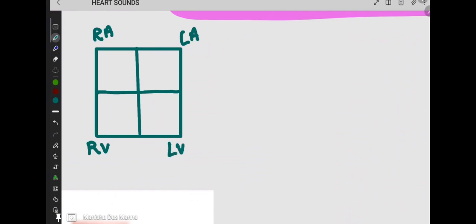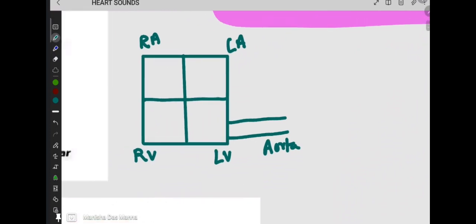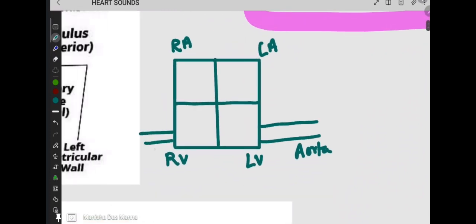Easy. This is the schematic diagram. From the left ventricle, your greater aorta is emerging out. And from the right ventricle, your pulmonary trunk, PT. I am writing pulmonary trunk or pulmonary artery.